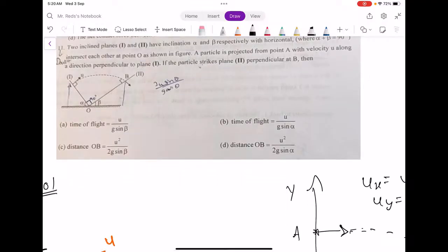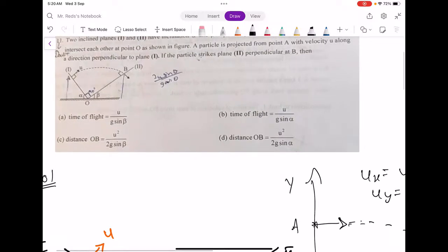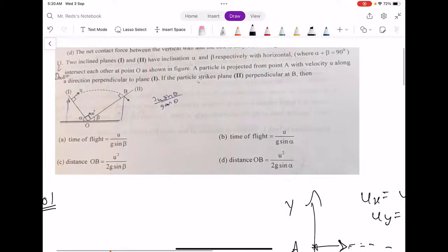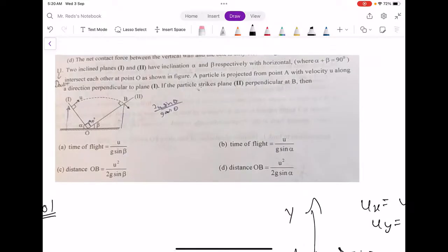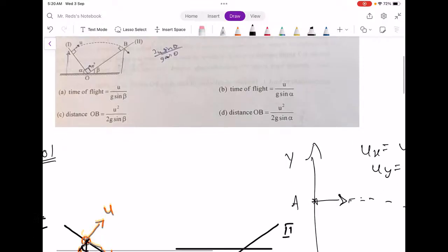For understanding purposes, let us consider this angle as alpha. Alpha plus beta is equal to 90 degrees, and the total angle along the surface is supposed to be 180.